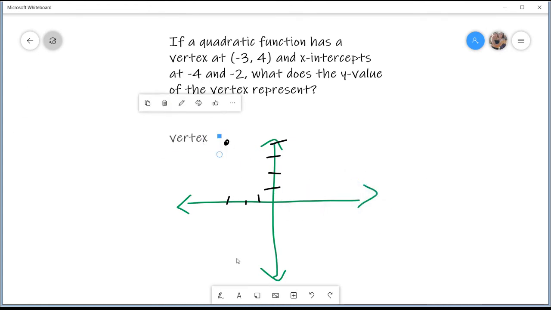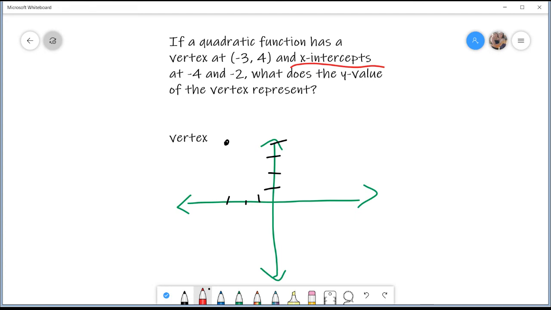Okay, that's our vertex. Then it says we have x-intercepts at -4 and -2. Okay, so I just put something for -4 and -2. That means that our parabola is going to look like this. Super cool. It's facing down.